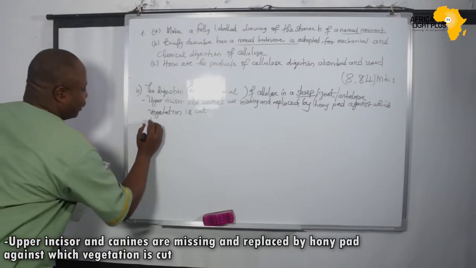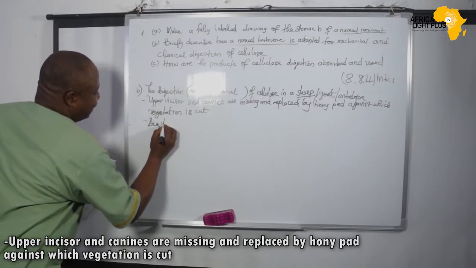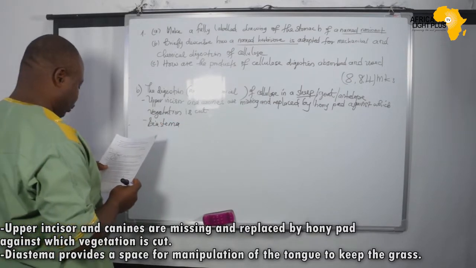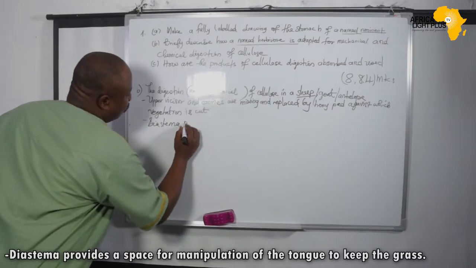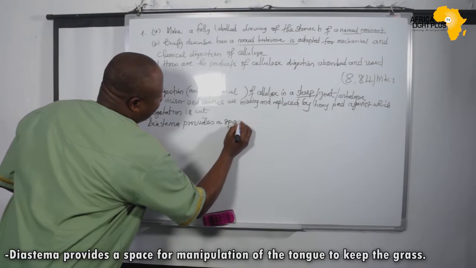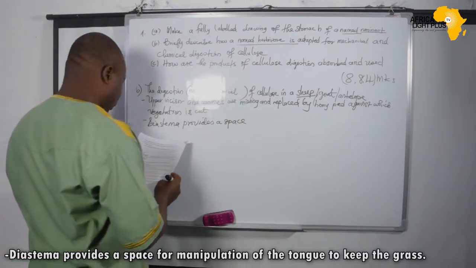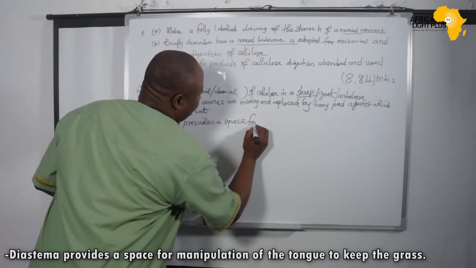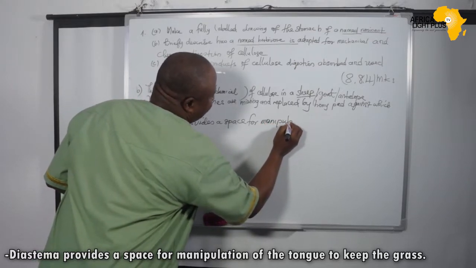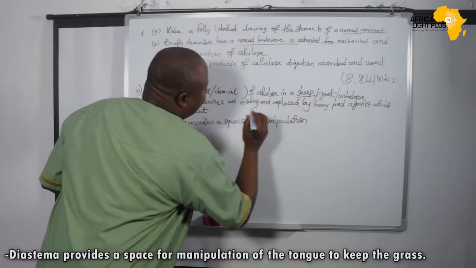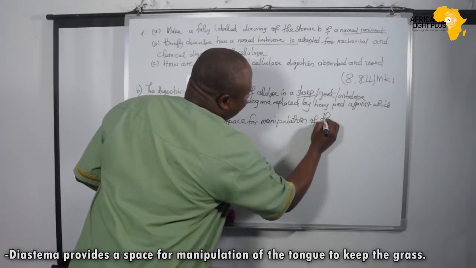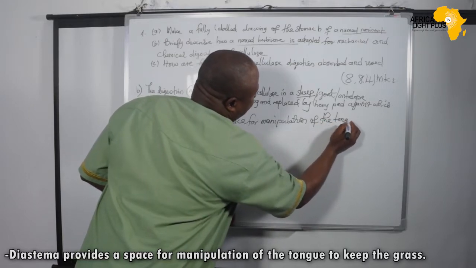The next point, the diastema provides a space for manipulation of the tongue.